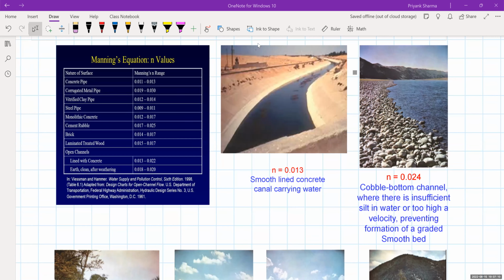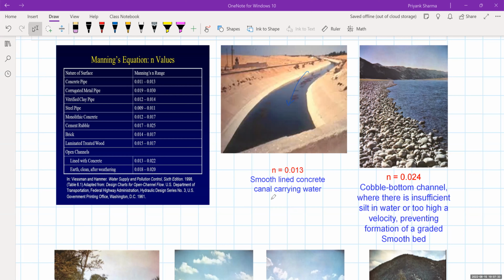If there is an open channel with concrete lining, the value will range between 0.013 to 0.022. If there is a channel which has some earthwork, then it will range between 0.018 and 0.020. In this figure, you can see a smooth concrete lined channel carrying water.